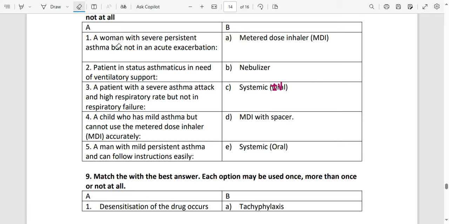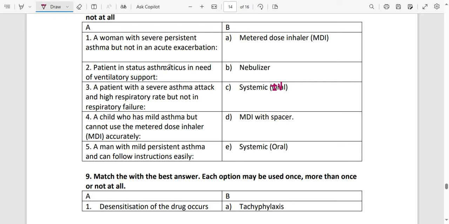And then two, patient in status asthmaticus in need of ventilatory support. Status asthmaticus is the worst case scenario where someone is failing to breathe, they've had this attack and it's bad. You really need to help them, you need to support them to breathe.